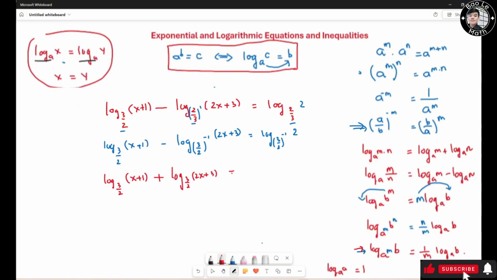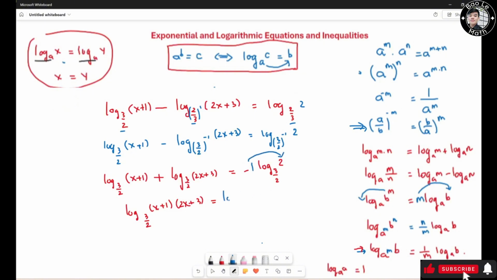Now this guy, same thing, it turns out to be negative log base 3½ of 2, right? I use the product formula right here to combine this guy. So this guy turns out to be log base 3½ of x plus 1 times 2x plus 3 equals, now, the negative sign right here, which means negative 1, I can bring this back over here, right?